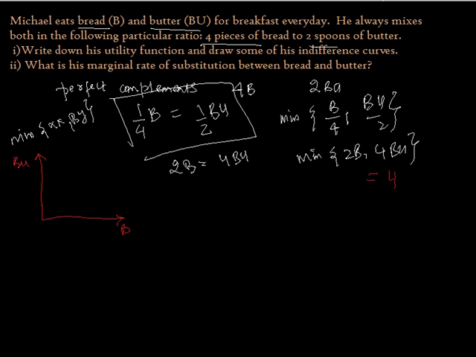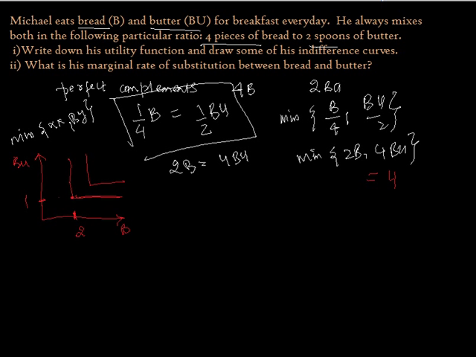So 2B equals 4, so B equals 2, and 4BU equals 4, so BU equals 1. So 2 is to 1, and it will look somewhat like this. Similarly you can make parallel indifference curves. So this will be his indifference curve, and these are your indifference map.